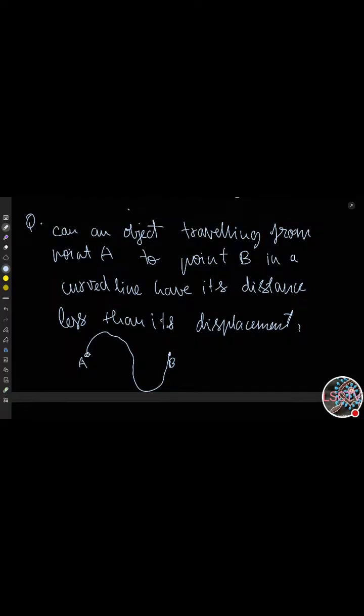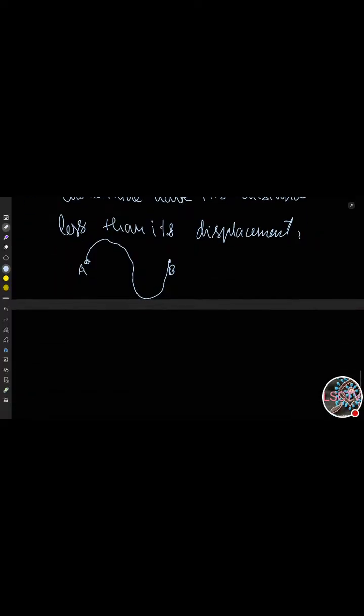Okay, so we have one vote. I believe it's Harshit again. See, whatever distance you cover, displacement is basically the shortest distance.